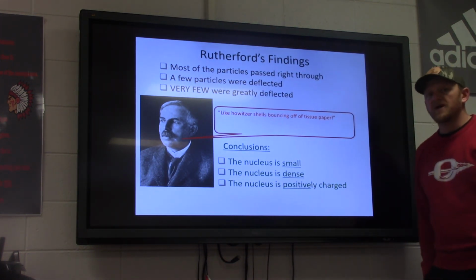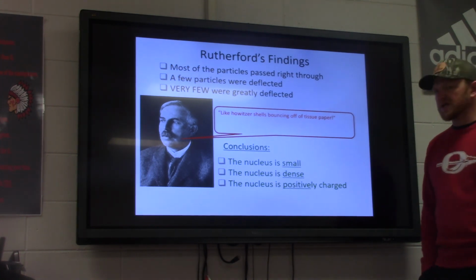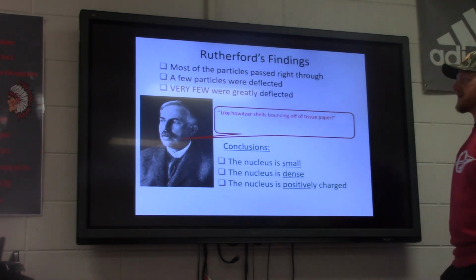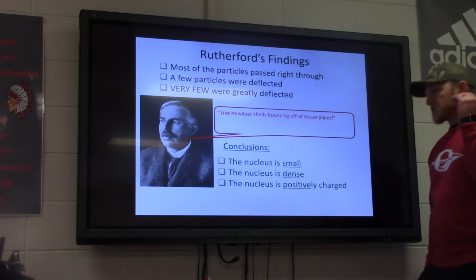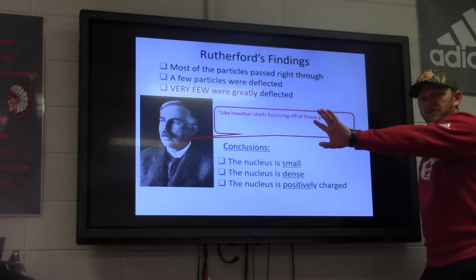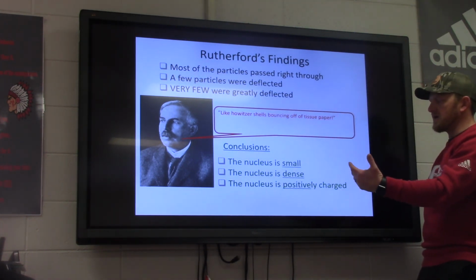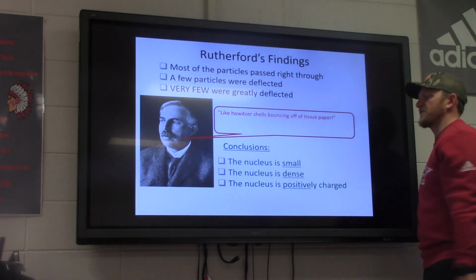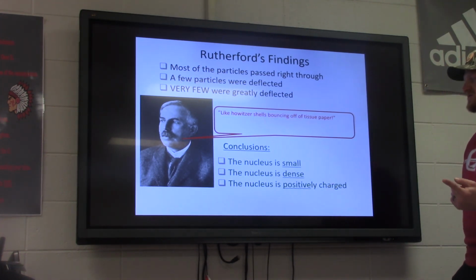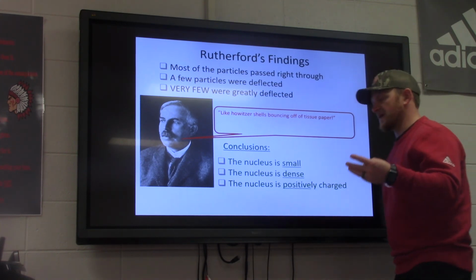It's very small, it's dense though. So if it's dense, we don't have a whole lot going on here. That's why a bunch of the particles just went straight through on the gold foil experiment. These are three things we need to make sure we remember. Nucleus is small, nucleus is dense, it's positively charged.